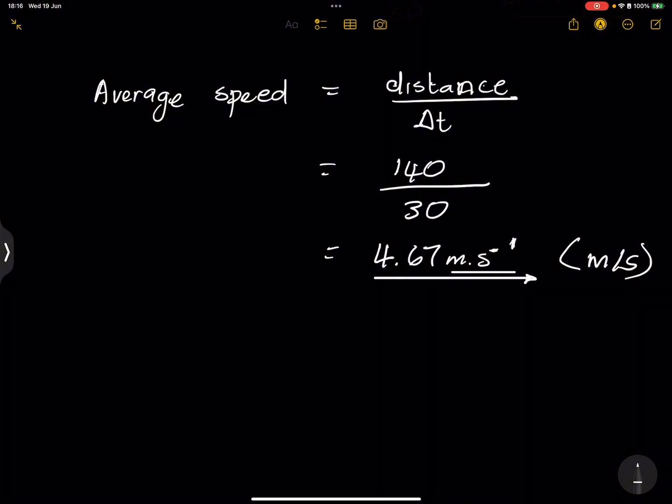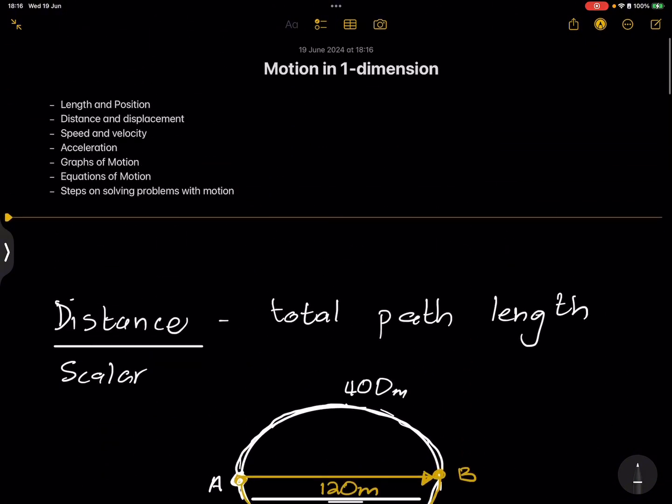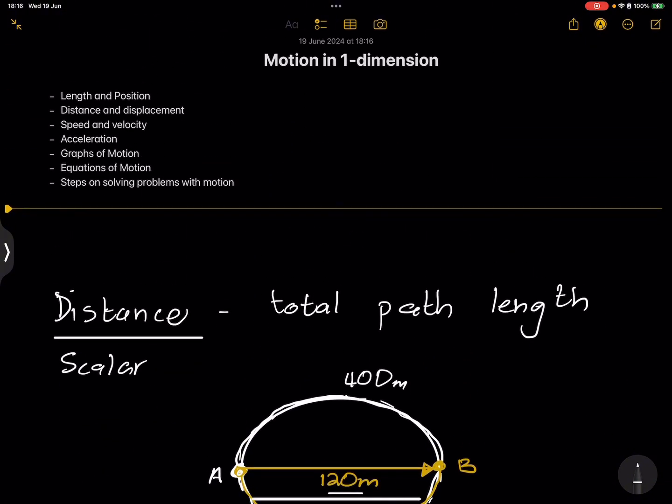So now what I would like for us to do is to look at the next thing. If we go back to where we started from, we said we've looked at speed, we've looked at velocity. I want us to cover now something that has to do with acceleration, right?